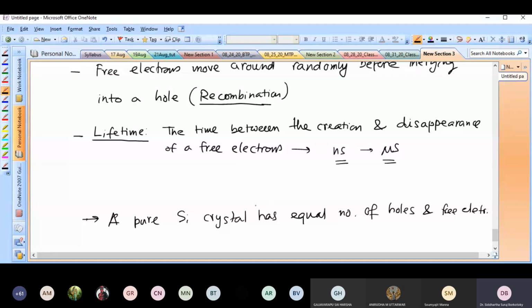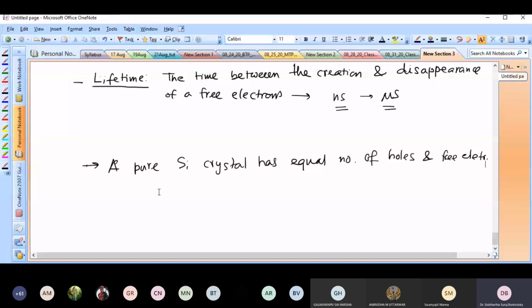All right. So what is the pure silicon crystal known as? We call it an intrinsic semiconductor. A pure silicon crystal or a pure germanium crystal is an intrinsic semiconductor.